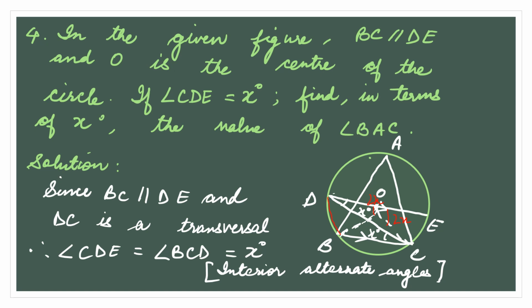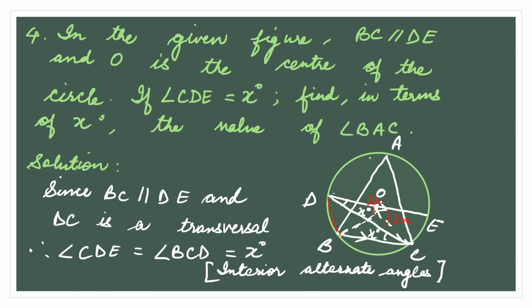Then what is left here, children? This is equal to 2x, this is equal to 2x, and these are in a straight line. So angle DOB plus angle EOC plus angle BOC is equal to 180 degree. We know this angle is 2x and this angle is 2x.